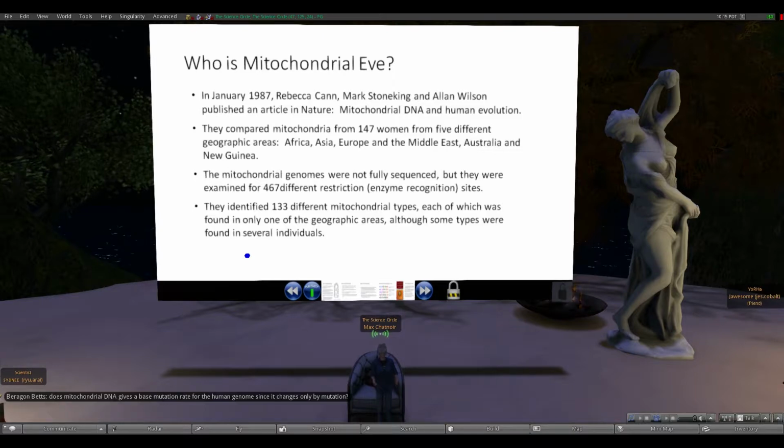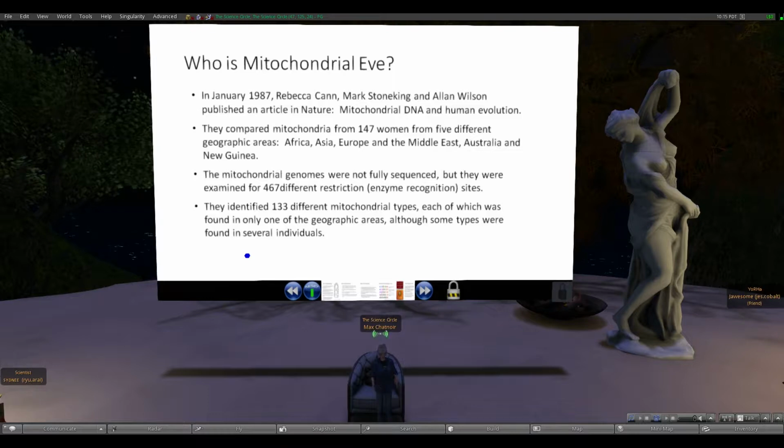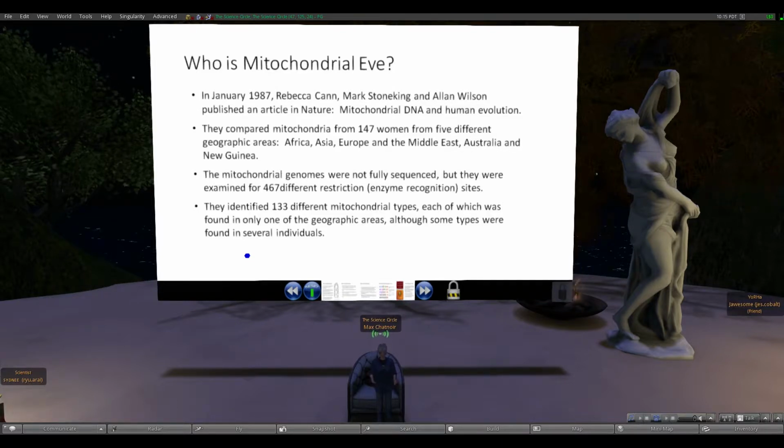So in this sequence, they did not sequence the entire mitochondrial genome. They didn't look at the whole 16,000 plus bases of the genome. Instead, they were looking at what's called restriction sites. And these are little short bits of DNA that are recognized by enzymes that cut the DNA at these specific short sequences. Most of these sequences are about 6 bases long, more or less.